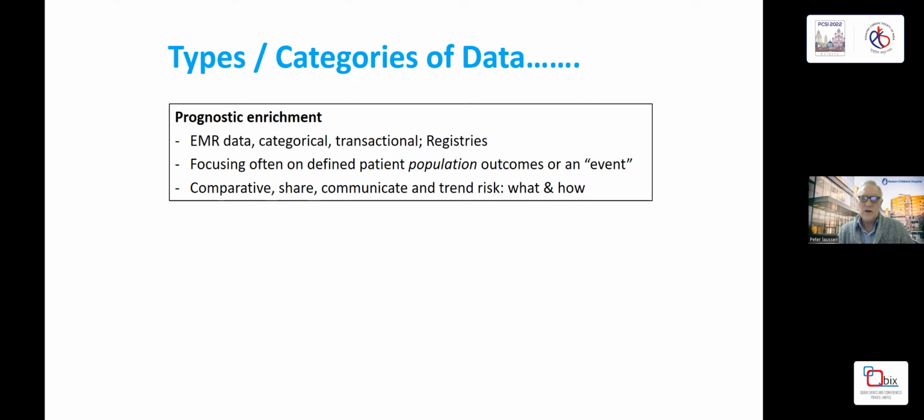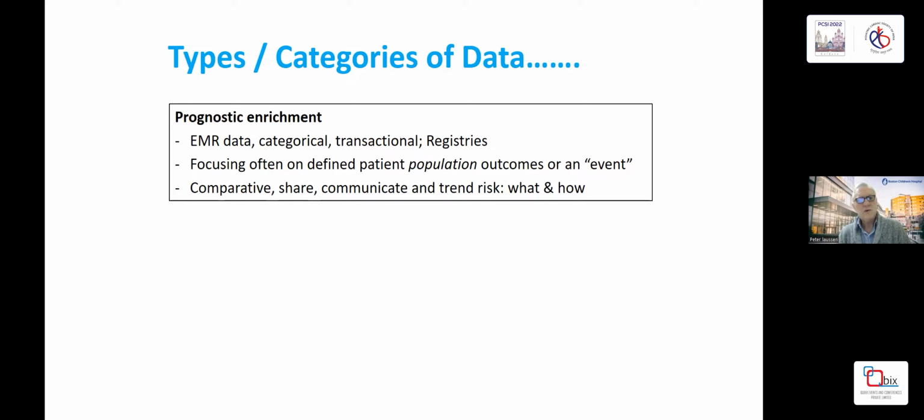This is categorical transactional data that's included within the electronic health record and also within registries. The data can focus on a well-defined patient population, the outcomes of that patient population and the risk for an event perhaps within that population.